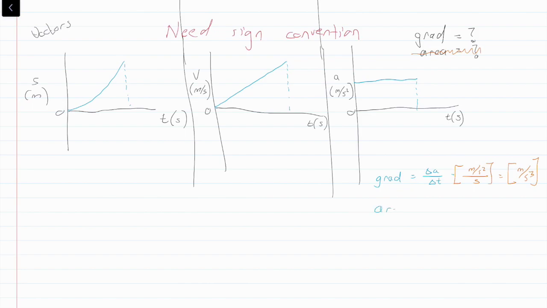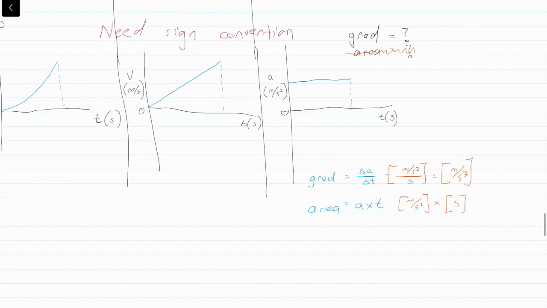If we look at the area of our acceleration graph, we're looking at acceleration times time. Let's look at units. We're left with meters per second squared times seconds. If we carry that out, the seconds cancel, and we're left with meters per second, which is units of velocity.